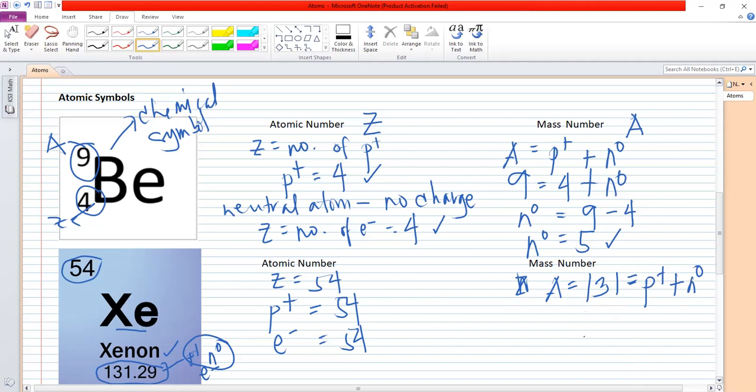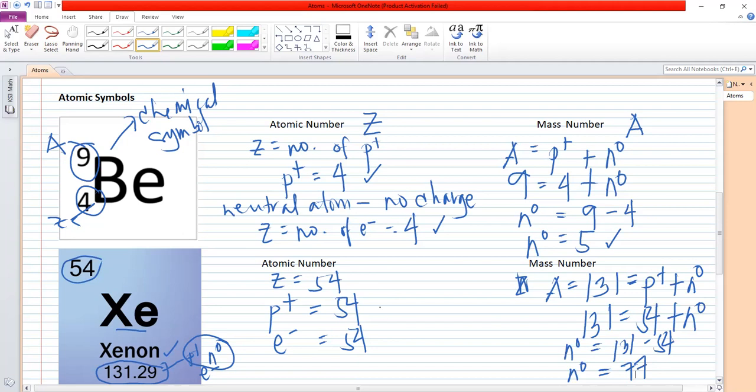So we have 131 equals 54 plus the number of neutrons. So the number of neutrons is equal to 131 minus 54. Then the number of neutrons is equal to 7.